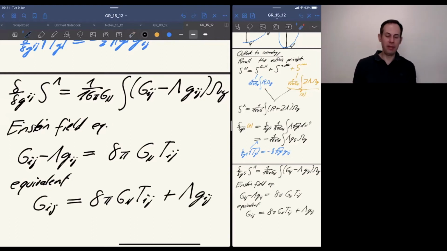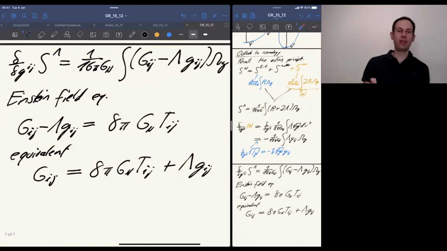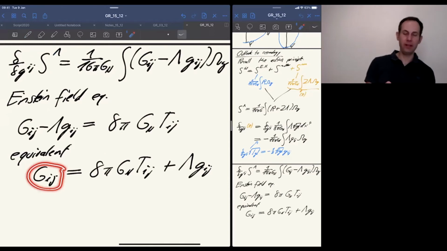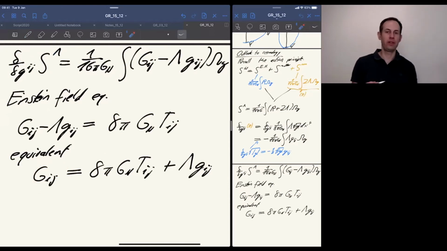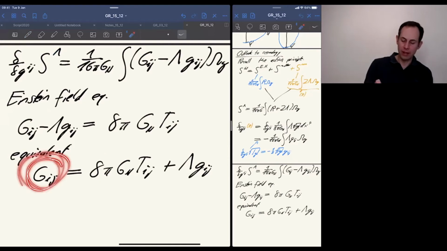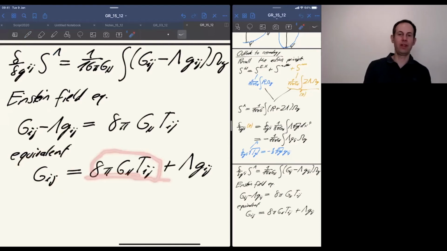And now it's a bit like a matter part. So you see here we have still the geometry part, the Einstein tensor, which essentially consists of the Ricci curvature minus the scalar curvature times the metric. So that's pure geometry. And on the right-hand side, we have the actual matter. So this is, for example, particles or also electromagnetic radiation.